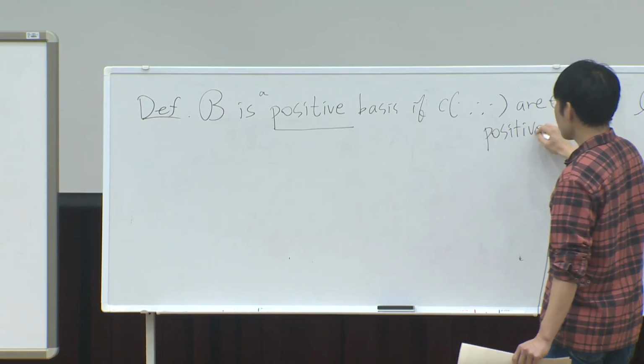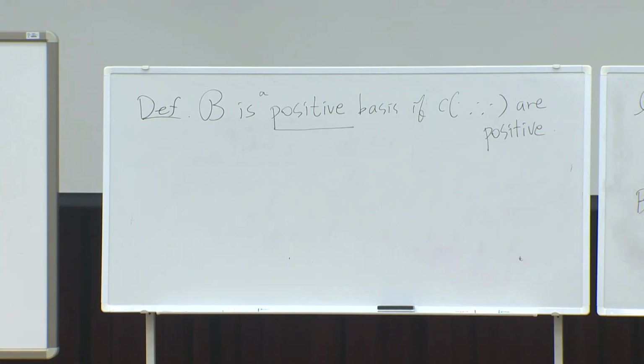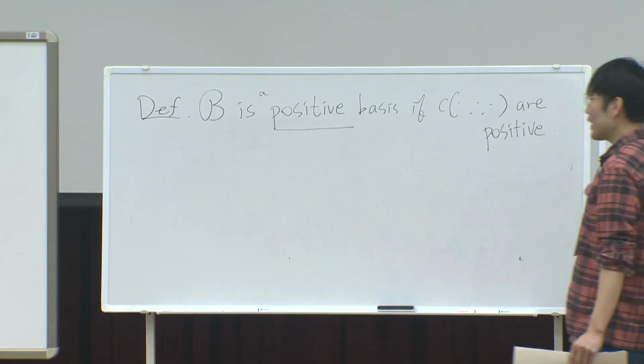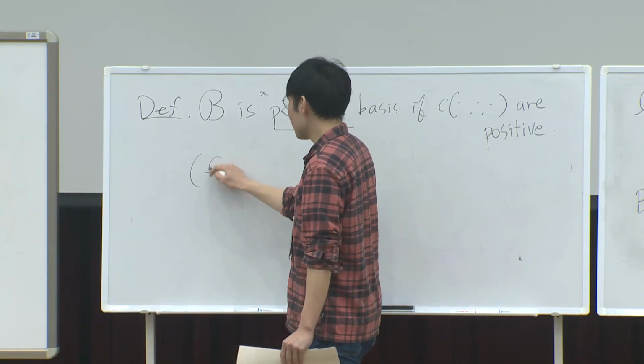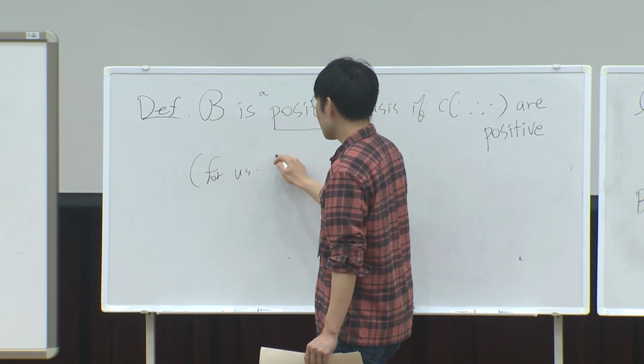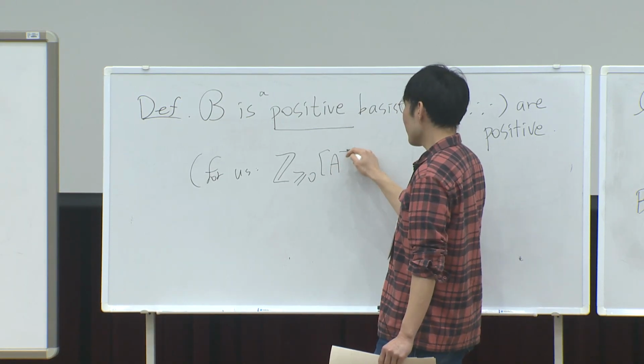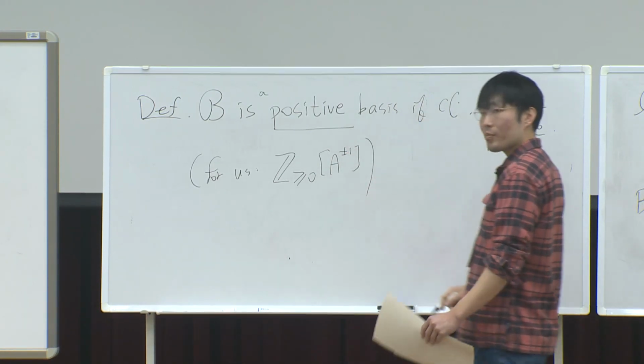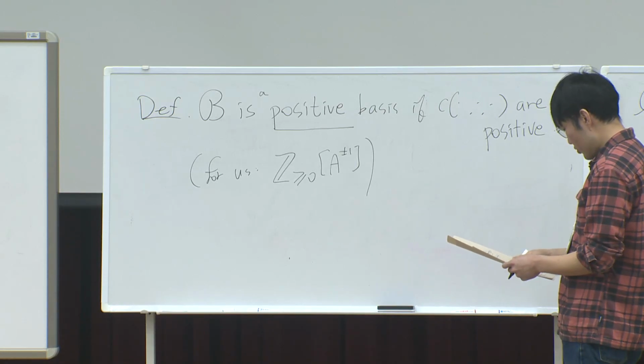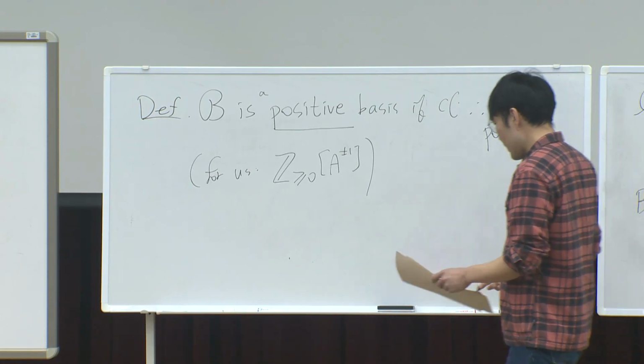Well, in our case, the coefficient ring is not integers, but they're Laurent polynomials in A. So for us, positive means that every coefficient is a Laurent polynomial in A with positive integer coefficients.